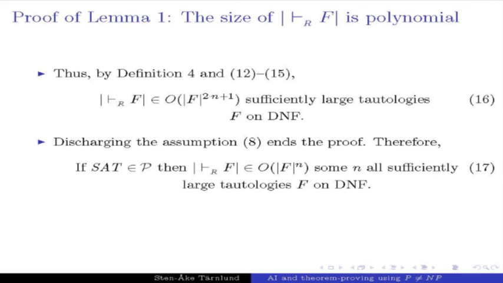So if we now discharge this assumption, then we have this result. That is, if SAT is in P, then for all sufficiently large tautologies, there exists a proof in Robinson resolution of F in polynomial size. That is what we have. And how did we get that? Well, we started with F and we ran it and used the axiom as a logic program.